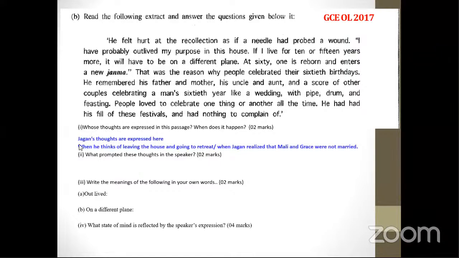Whose thoughts? Jagan's thoughts are expressed here. So when marking, what we mostly forget, sometimes you say Jagan thoughts. No, it should be Jagan's. The apostrophe is very essential here. Jagan's thoughts are expressed here.